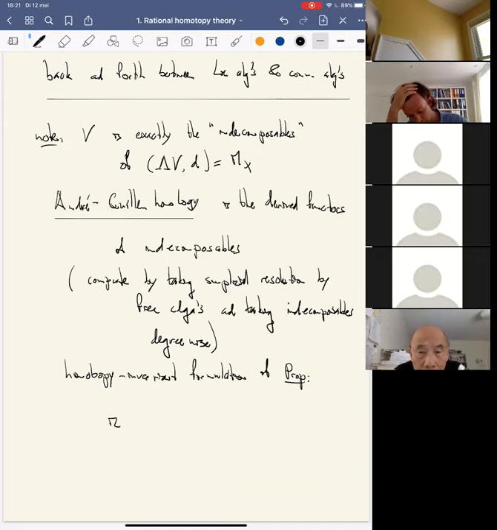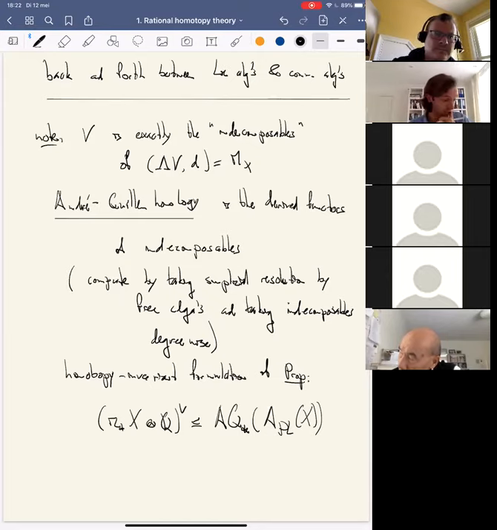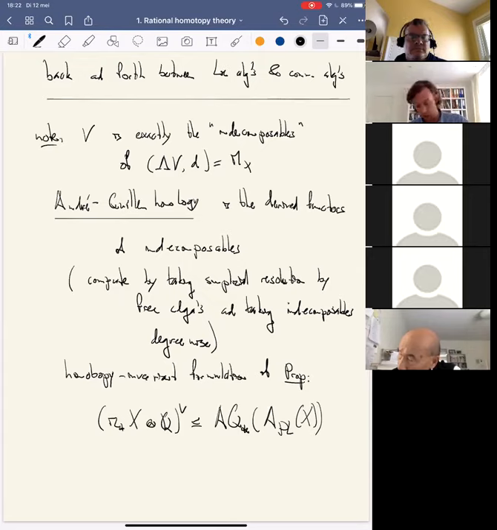You could say that the duals of the rational homotopy groups of X are exactly these André-Quillen homology groups of this CDGA APL of X. There's not much content to this generalized statement. It's just a homotopy invariant way to say it, but I want to stress this a little bit because it will allow me to say something that I do find useful.